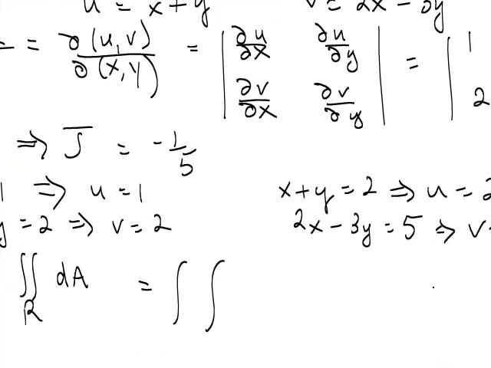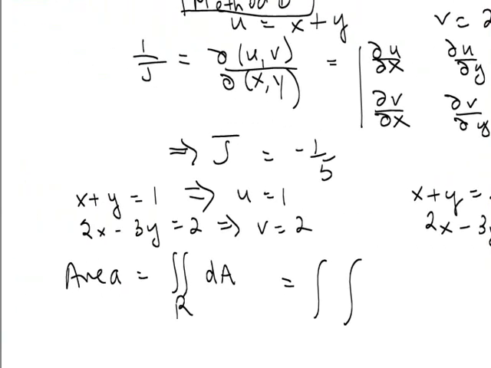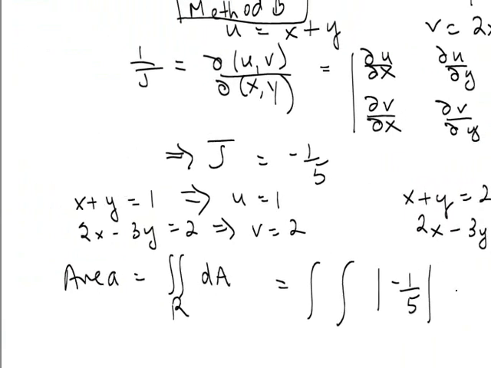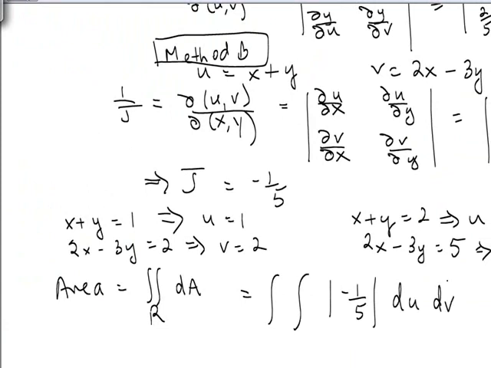We'll put the limits later. Let's do the integrand. The integrand is just 1, but you need to multiply by the absolute value of the Jacobian. So absolute value of negative 1/5 du dv. Put your limits. u limits 1 to 2, v limits 2 to 5.